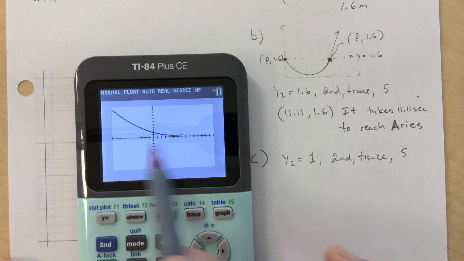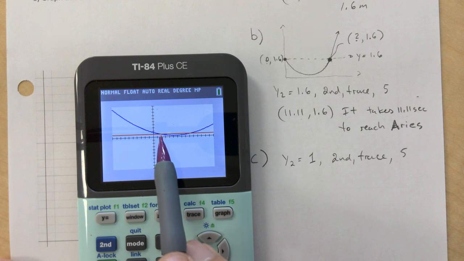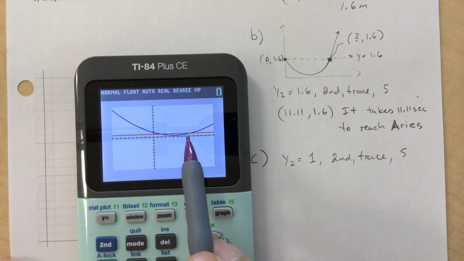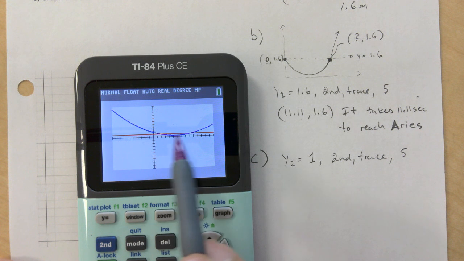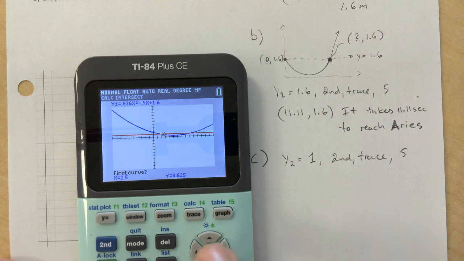And I'm going to see it on my graph here. There it is. This is the 1 foot line, right? The height of 1. So it happens here. The plane comes down, gets to 1 foot, stays below it, and then gets to the 1 foot mark again on its way up. So there are 2 instances that happens. So we're going to find that intersection twice.